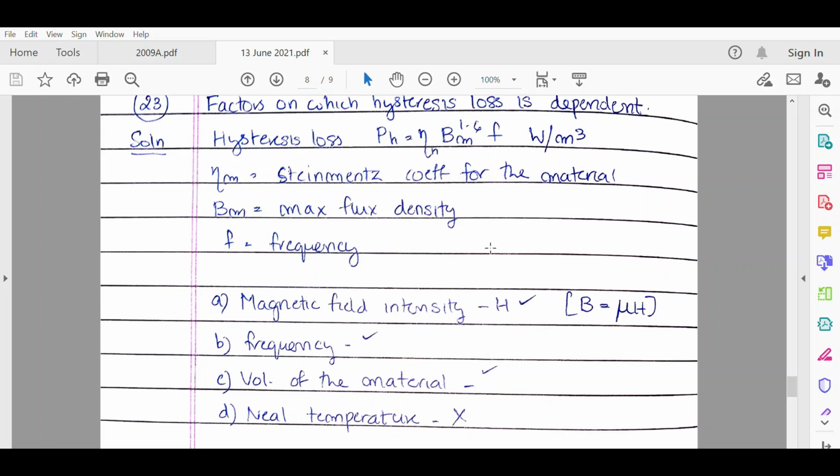So this is correct. Now the next option is frequency. Now frequency has an influence, that is straightforward from this equation.